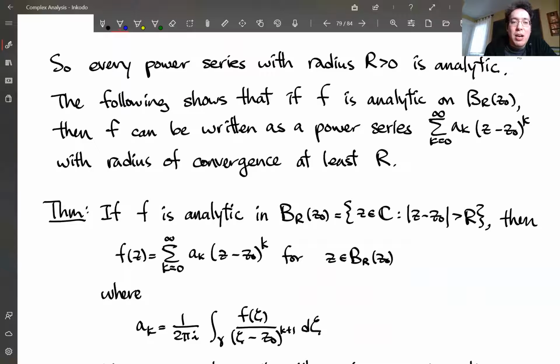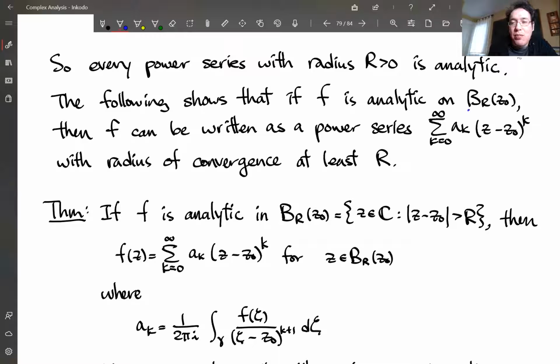Okay. So every power series is analytic. And the next result will show that if you're analytic, then you have a power series. And not only that, it can tell you about the radius of convergence as well.